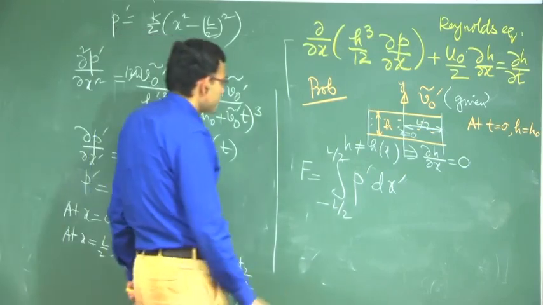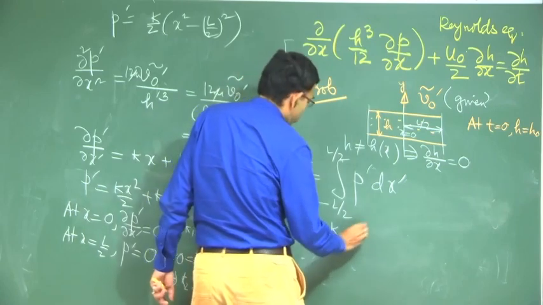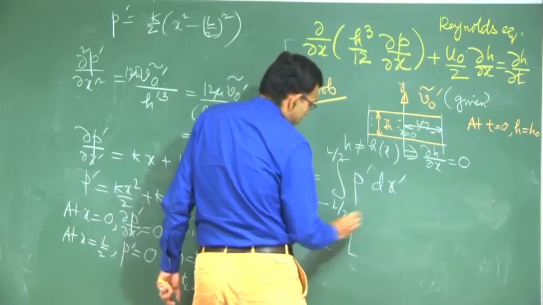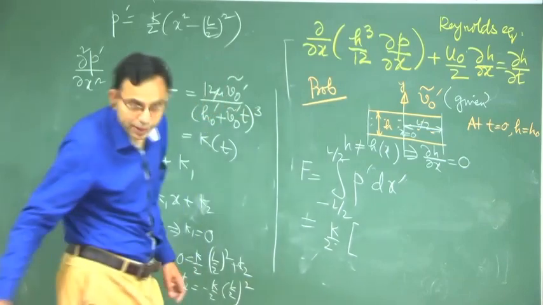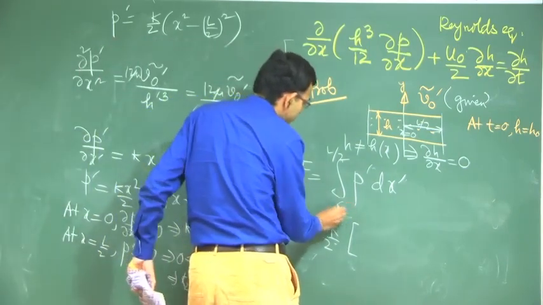So, let us call it 2 into 0 to L by 2, because our domain is 0 to L by 2.